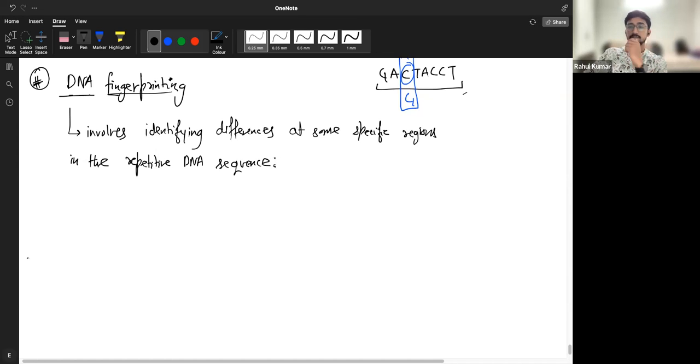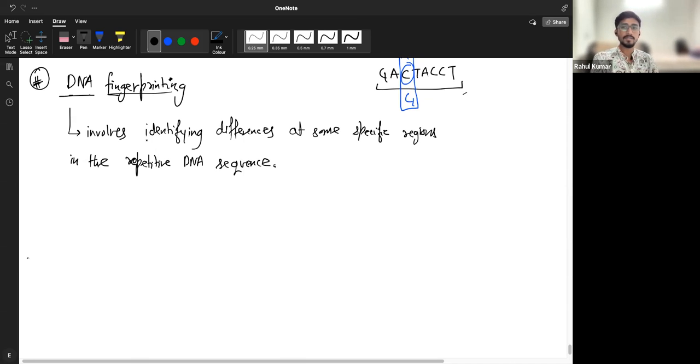Now we know which regions are more susceptible or more vulnerable to these SNPs. So this has made our work easy. Suppose you want to distinguish between two DNA samples, that this sample belongs to one individual and the other belongs to another individual. Now you don't have to look at the whole genome. You don't have to do whole genome sequencing to figure out the difference.